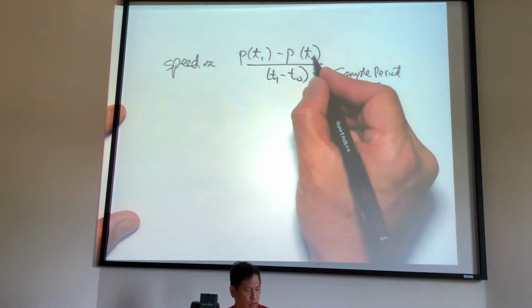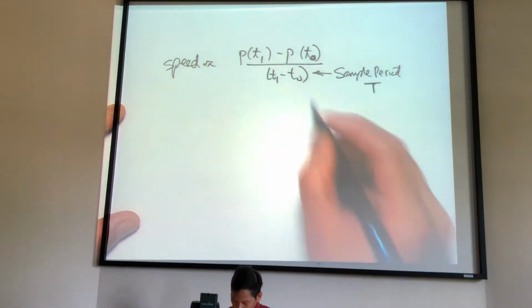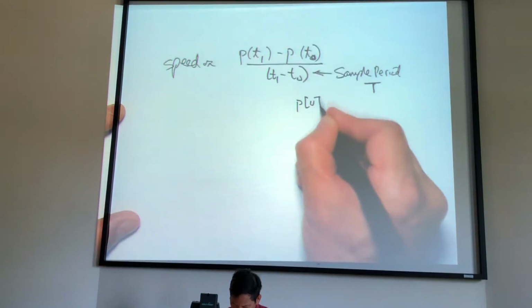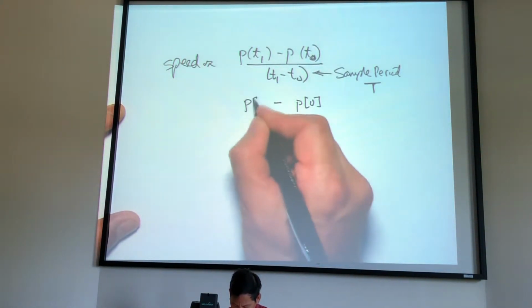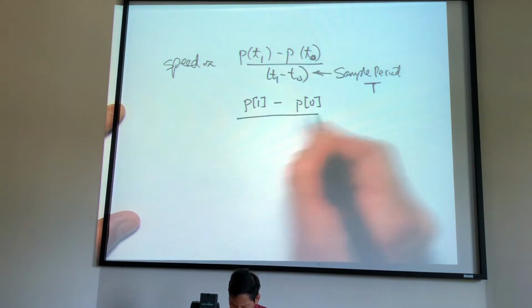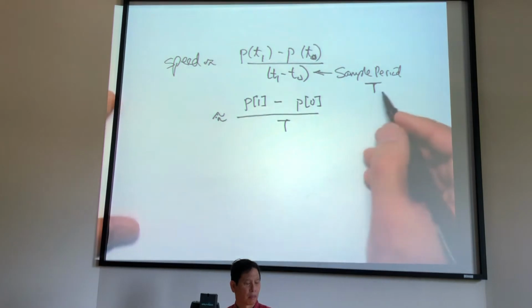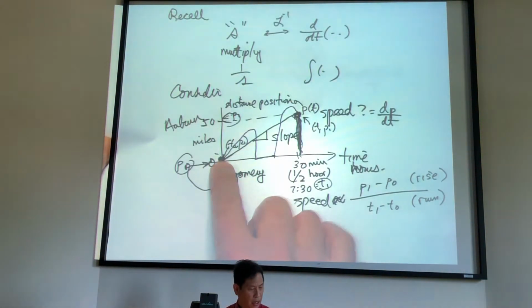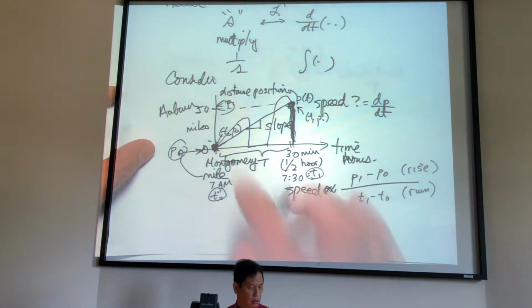That's why the index goes from 0 to 1. So using my notation, I call this p at 0 and this p at 1, divided by T. T is my sample period. I only give you information here and here.